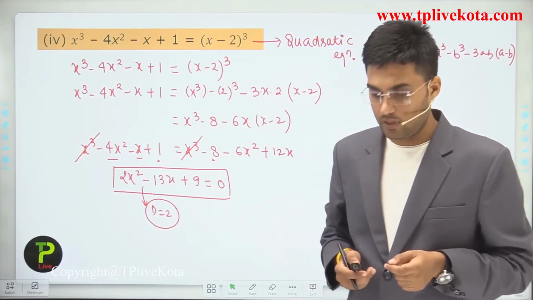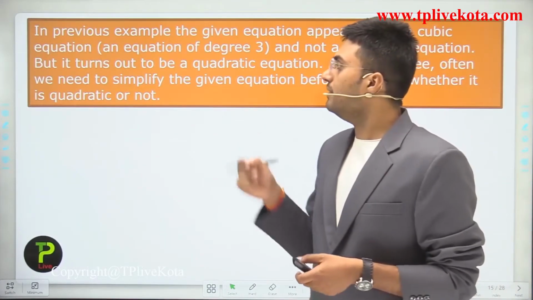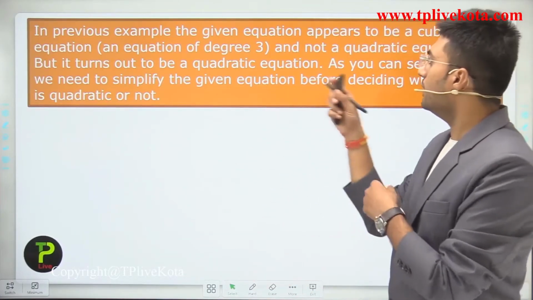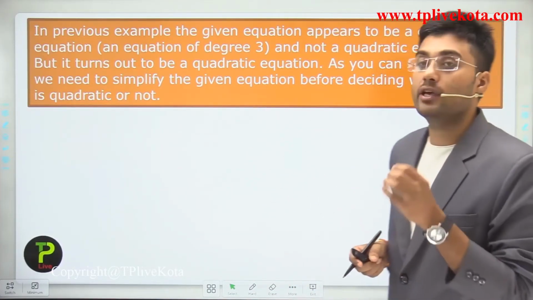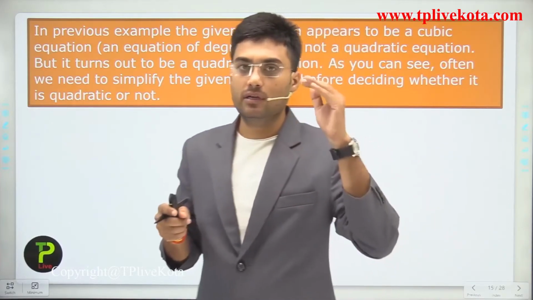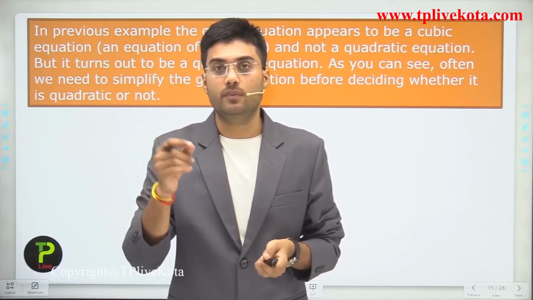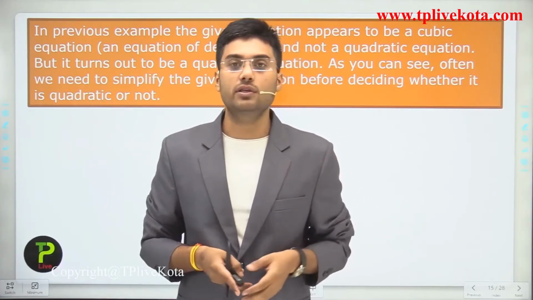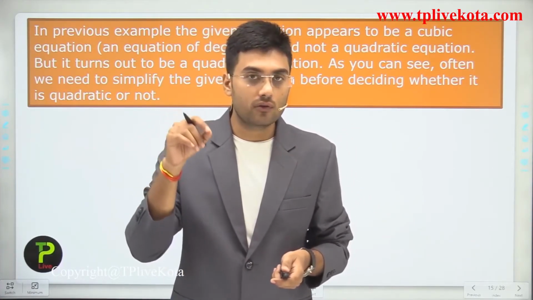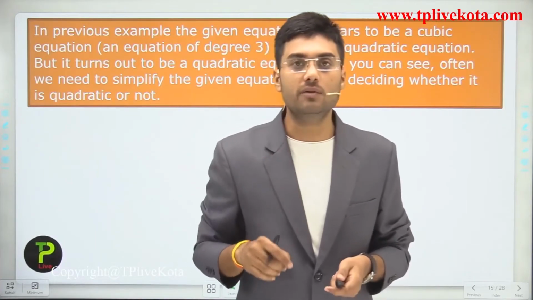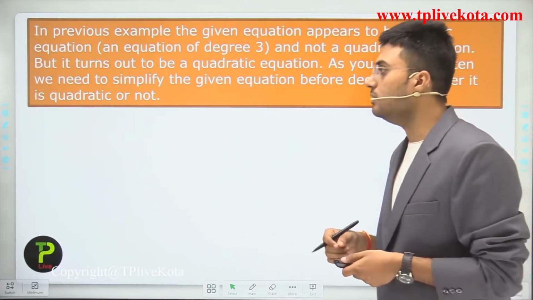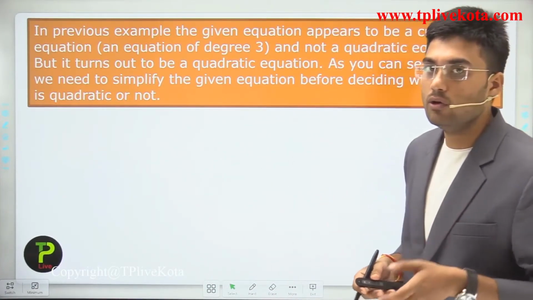So students, in the previous example, the given equation appears to be a cubic equation. When we observe that equation directly, this is a cubic equation. But when we solve this equation, we get that this is a quadratic equation. So students, sometimes we need to solve the equation to determine whether it is quadratic or not.